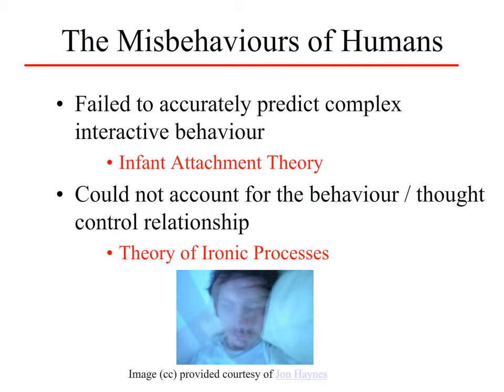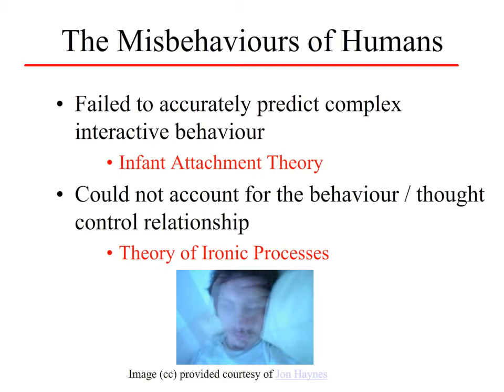Nor can it account for some of the behavior-thought control relationships. You've probably experienced this once or twice in your life. I know I have. So tonight, try thinking about going to sleep. Think about sleep as you're falling asleep and see if you actually sleep.